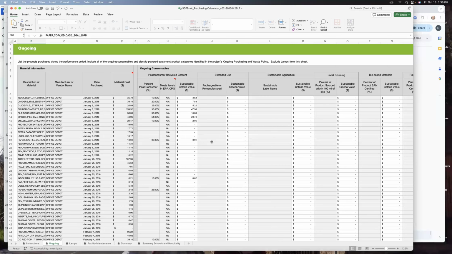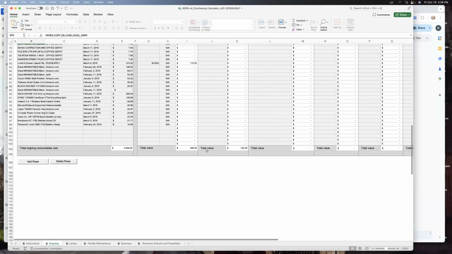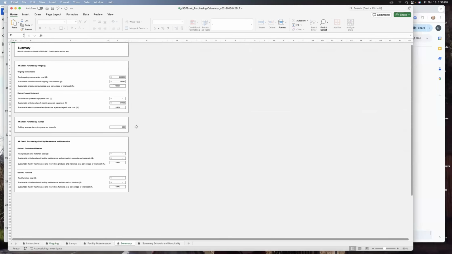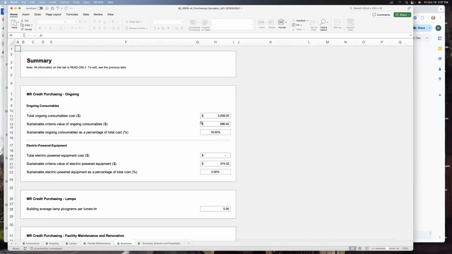And you add all these up, and hopefully you get to 60%. And again, you see this is a lot. What we found in the summary tab, let me increase the size here, is that we only met 20%. So 20% of our purchases by cost met the sustainability criteria that's in the calculator.